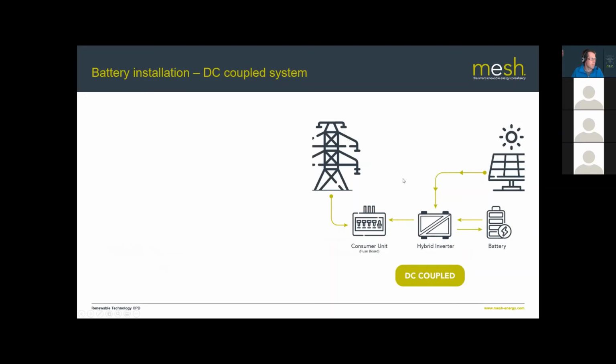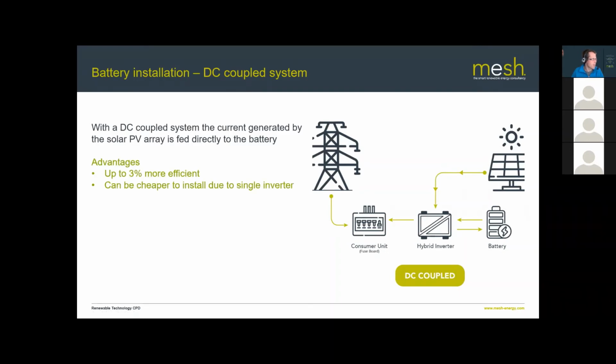So this is a DC coupled system, and this looks a lot more straightforward in many ways. You have a single, what they call hybrid inverter, that sits in the middle, which does both the PV and the battery inverter duties. And so you've basically got DC everywhere on this side, and AC everywhere on this side.